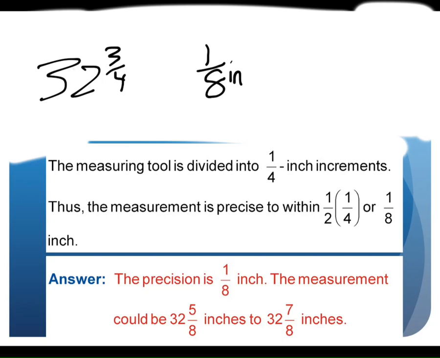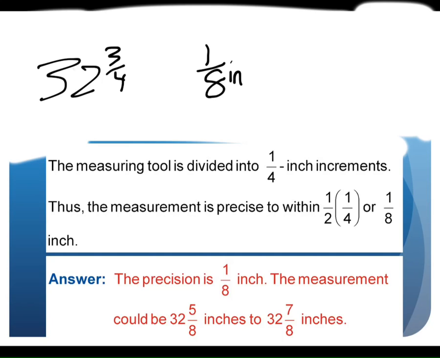What happens if you take 32 3/4 and subtract 1/8 of an inch? You get 32 5/8. What happens when you take 32 3/4 and you add 1/8 of an inch? You get 32 7/8. That's how they determine the measurement could be in between here, because it's precise to 1/8 of an inch.